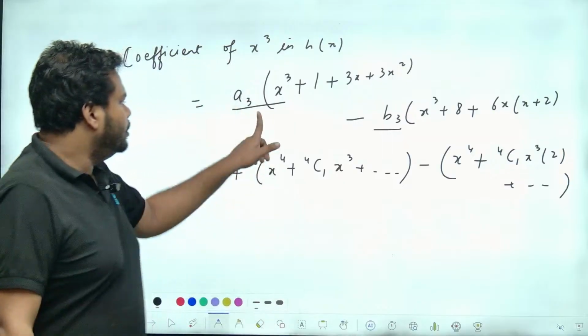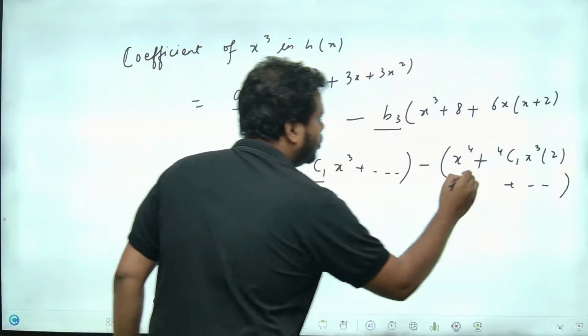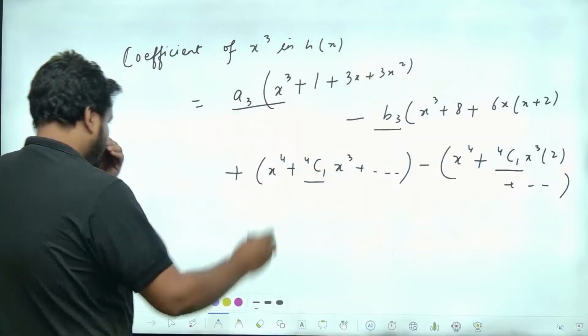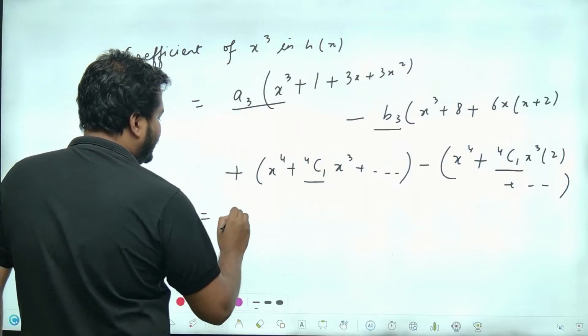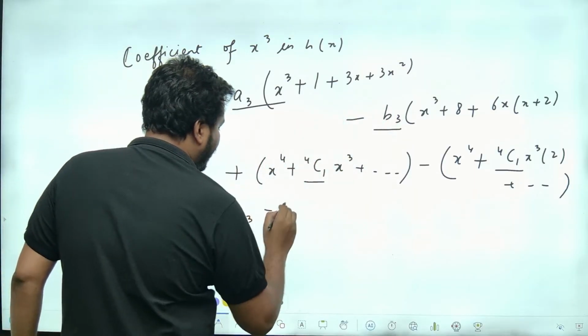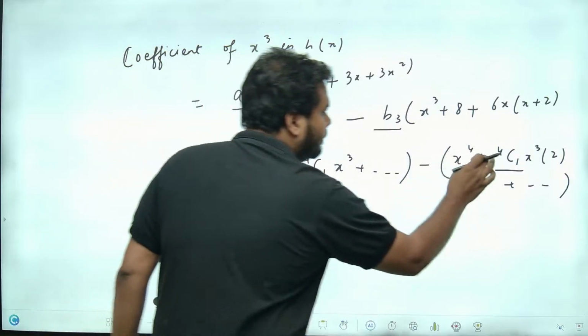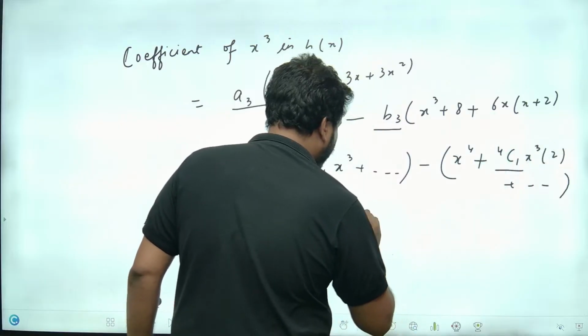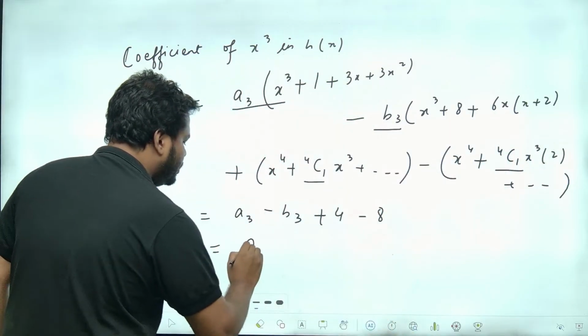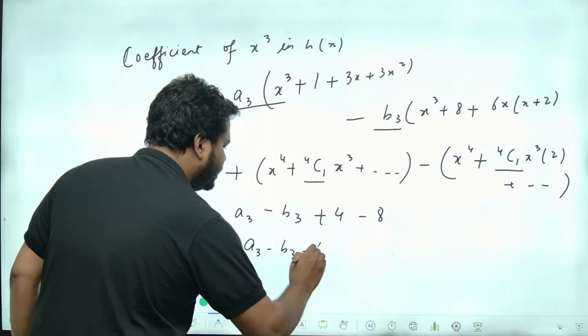All right. So underline the coefficient of x cube. Here I am getting a3 minus b3 plus 4c1, which is 4, minus 4c1 into 2, which is minus 8. So it is equal to a3 minus b3 minus 4.